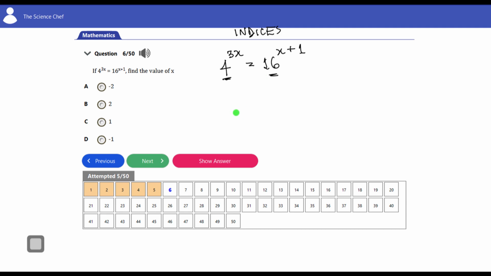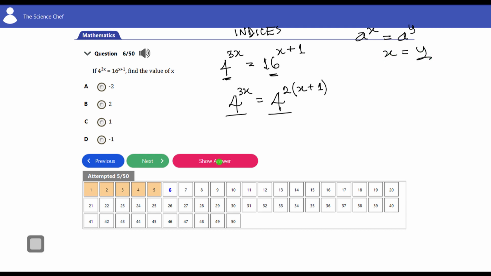So this will now be 4 raised to the power 3x equals 4 raised to the power 2 into x plus 1. Since the bases are equal, then the powers will also be equal. Remember, your laws of indices says if a raised to the power x equals a raised to the power y, then x equals y.